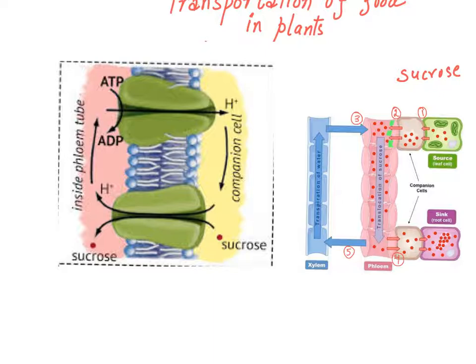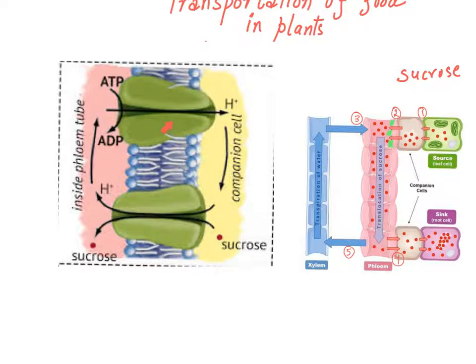Here what is happening? This is the companion cell. This enzyme or this protein is present between the companion cell and the phloem cell. This is the phloem cell, this is the companion cell, so there is a membrane in between. At that membrane, these proteins are present.